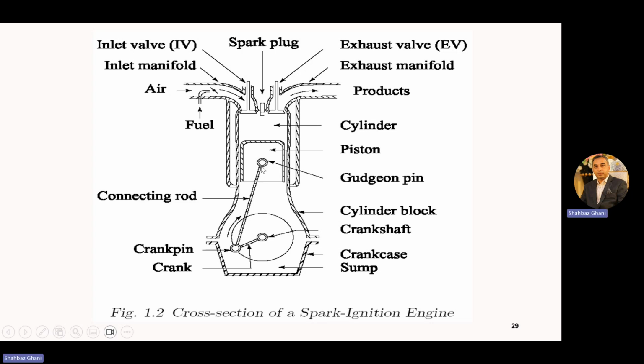Then we have this connecting rod. And on the connecting rod, we have a crank pin here. And this is your crankshaft. And this lower portion is called the crankcase or sump. And this portion from here to here is known as the cylinder block.